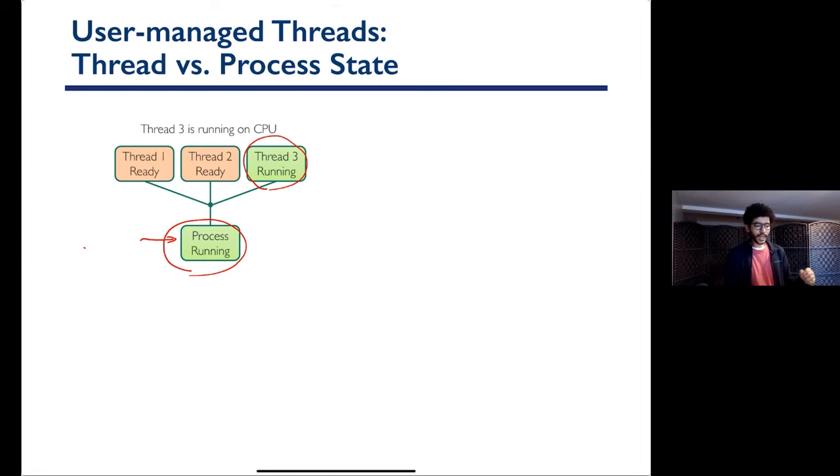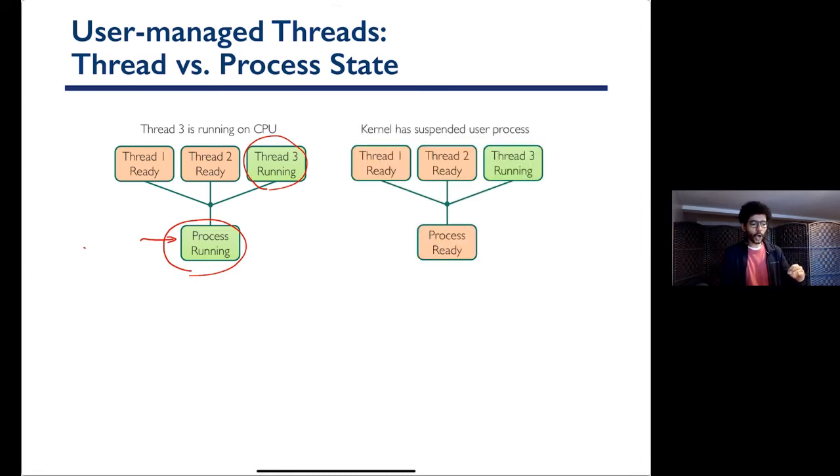Now, let's say that the kernel decides to context switch and go run another thread. So let's say a timer interrupt goes off, right? And we interrupt this process to go to another one. So this thread, from the kernel's point of view, we're just going to preempt it.